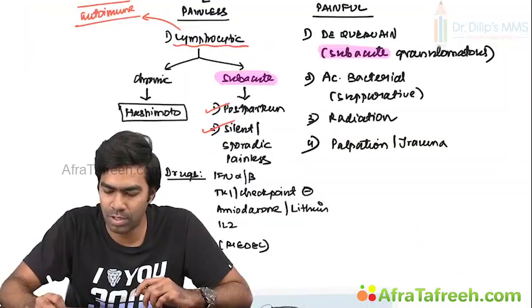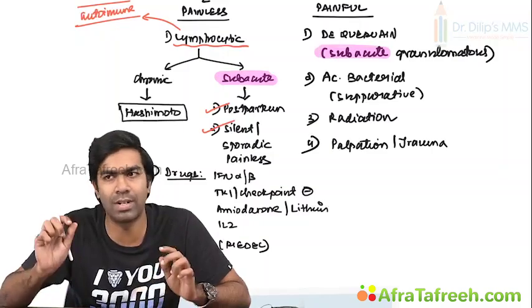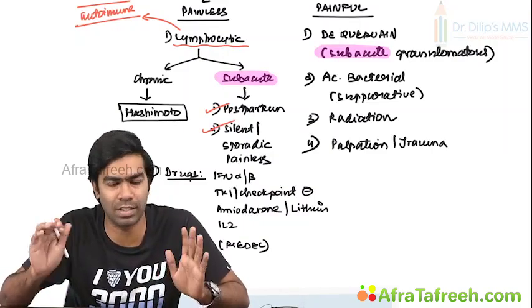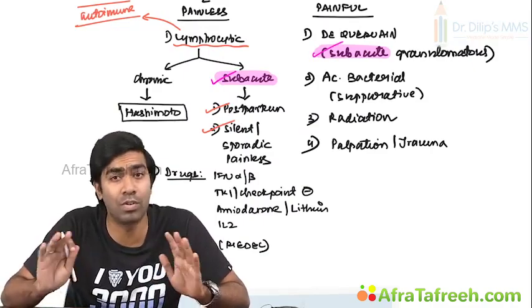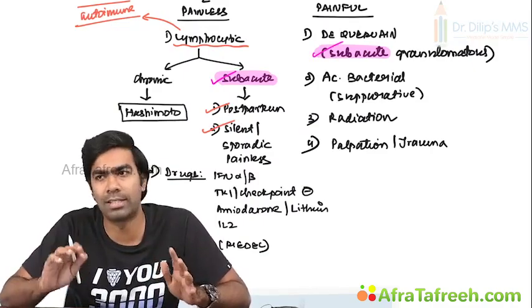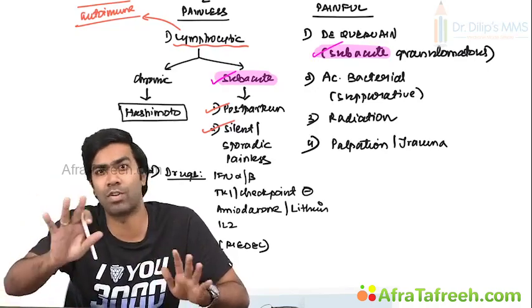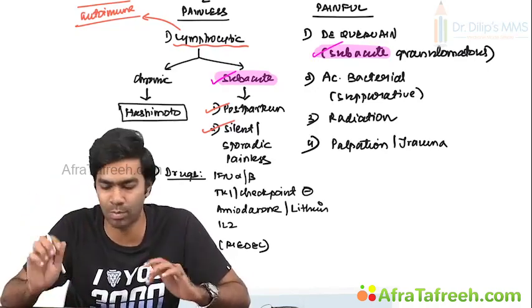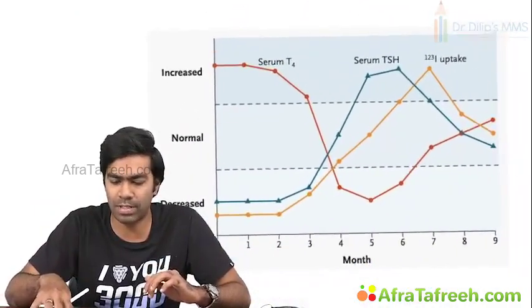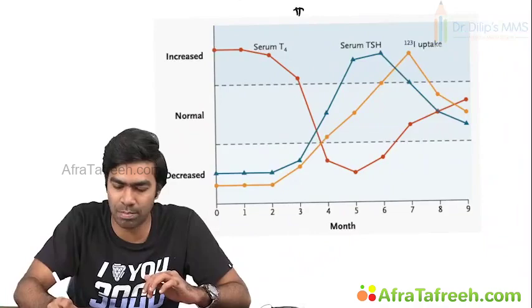Usually this happens in the subacute forms of thyroiditis, which means we are going to discuss this triphasic course only in the subacute forms of thyroiditis. You should not discuss this triphasic course in other forms of thyroiditis, which you have to be very clear about. So what do we mean by this triphasic course in the subacute forms of thyroiditis?